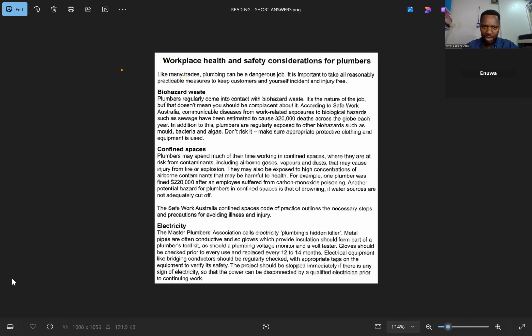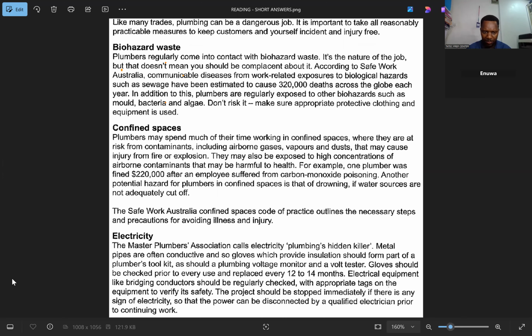Okay. So under electricity, I would read very quickly. The Master Plumbers Association calls electricity plumbing's pillar. Metal pipes are often conductive, and so gloves, which provide insulation, should form part of a plumber's toolkit.